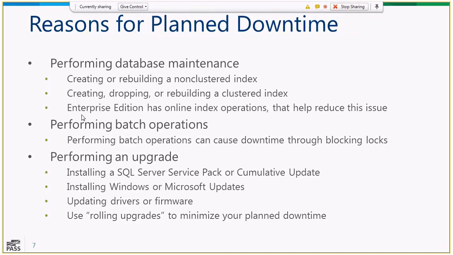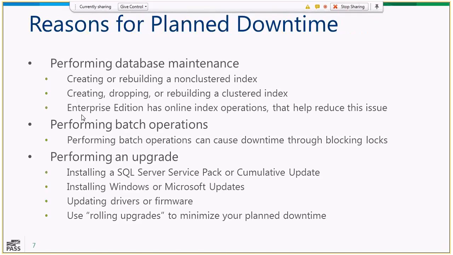But of course, when you apply these maintenance updates, you're going to take some downtime, and you can reduce that with some of the HA technologies we'll talk about later. Another common reason is installing the Windows or Microsoft updates that come out every month, and also keeping up to date with your drivers and firmware on your server. You can use rolling upgrades to minimize your planned downtime if you have the right HA technology in place.